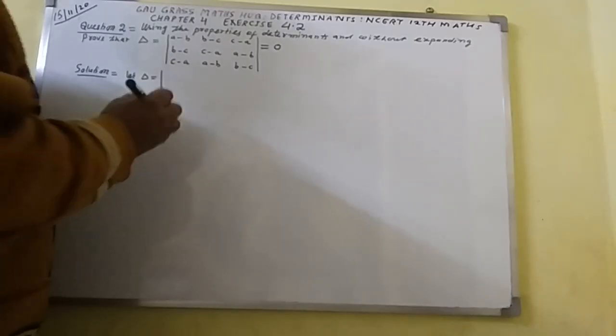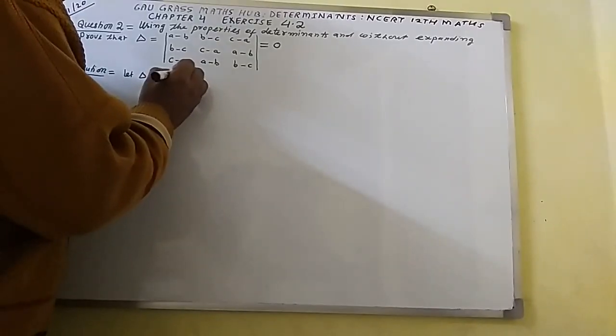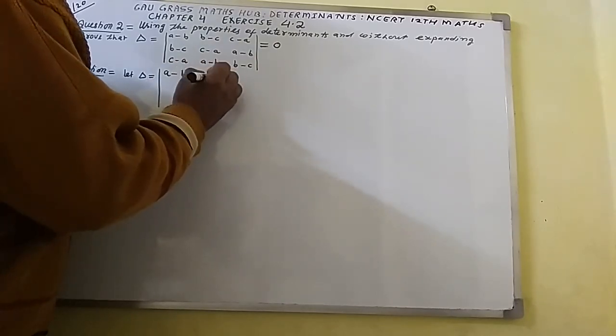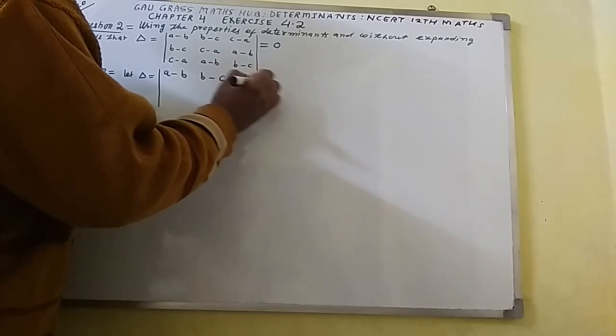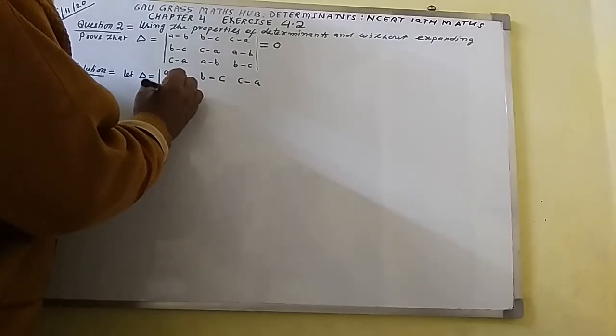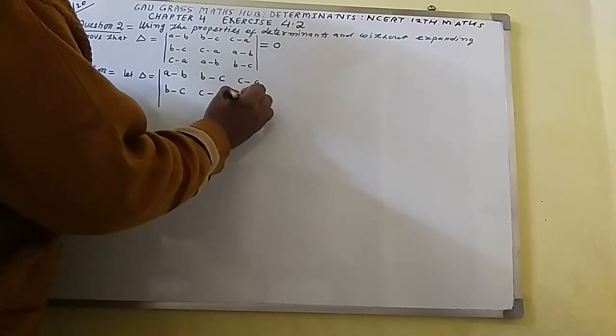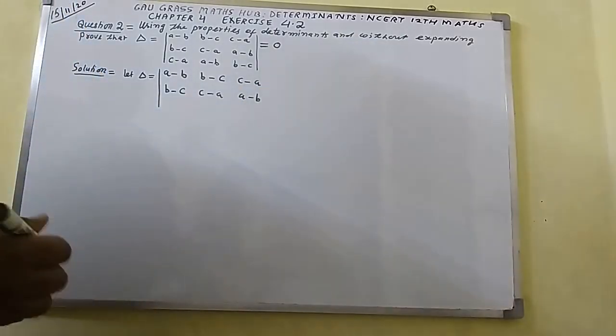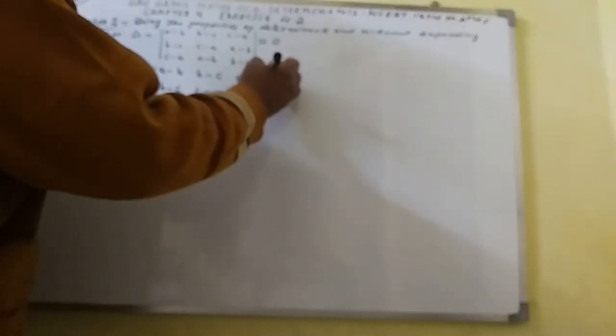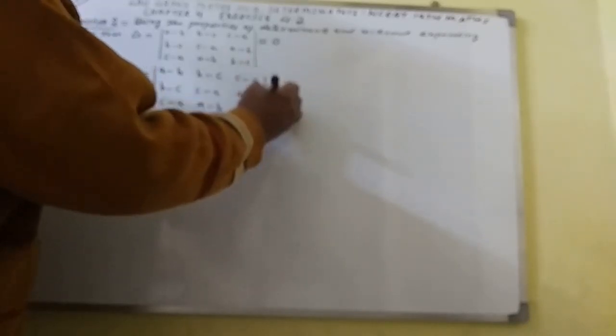The elements of first row I am going to write here A minus B, B minus C, C minus A. The elements of second row I am going to write here B minus C, C minus A, A minus B. The elements of third row I am going to write here C minus A, A minus B, B minus C. Closing of determinant by a vertical line.